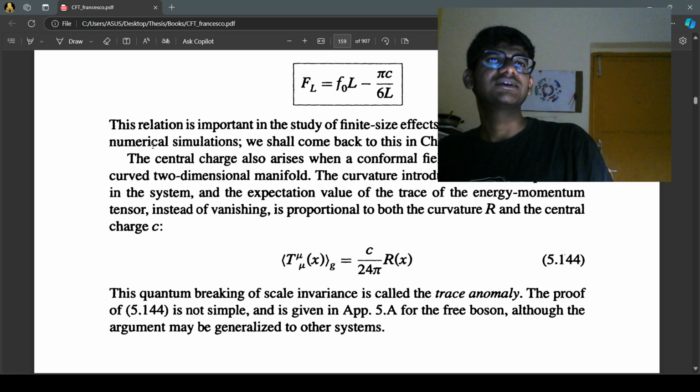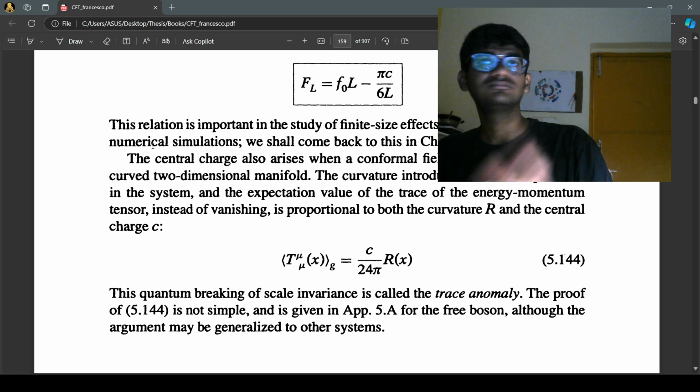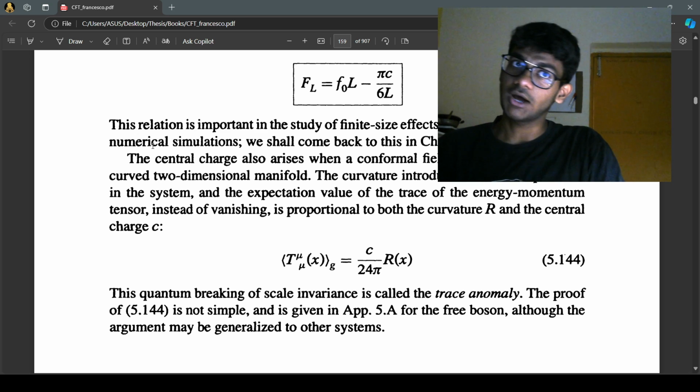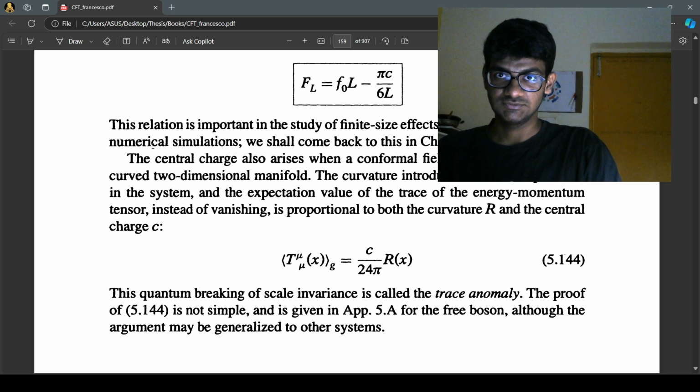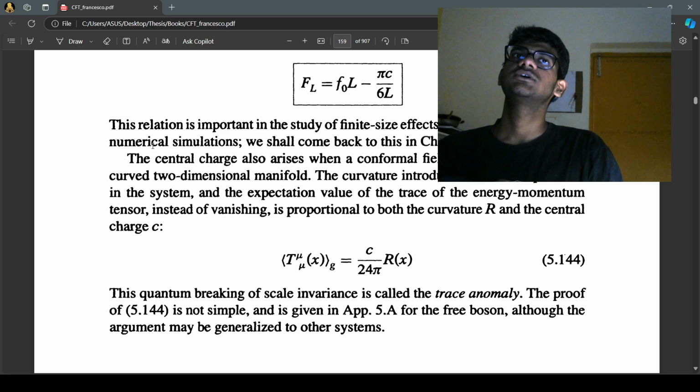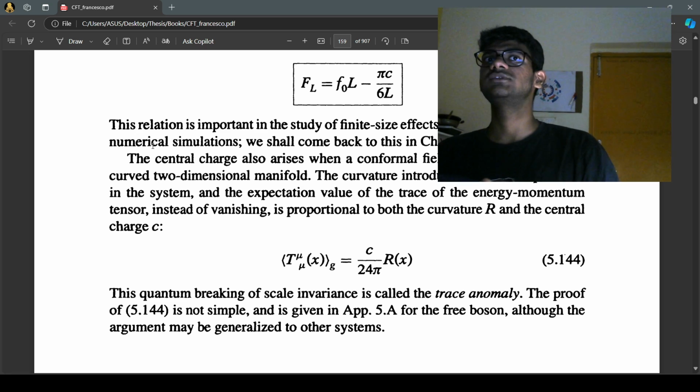Yeah. And the expectation value of the trace of the EM tensor in this CFT on an arbitrary manifold is proportional to both the curvature R and the central charge C. So instead of vanishing again, this is related to some curvature, to some macroscopic scale of the theory.